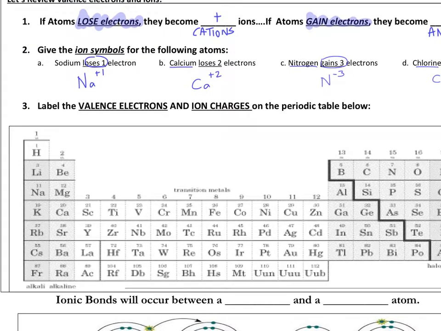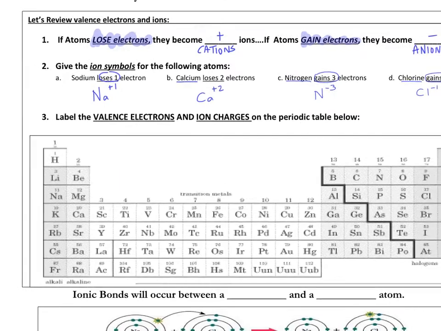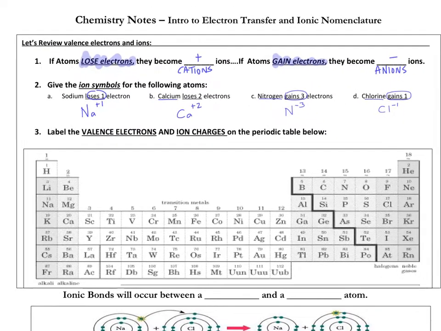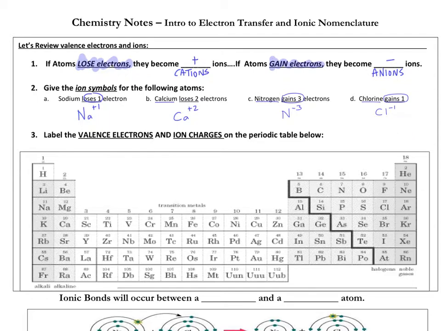So down below, you're asked to label the charges and the valence electrons for the periodic table. So let's take a look at it. Group 1 elements all have 1 valence electron, so they will have a +1 charge when they lose that electron. We'll start with the valence electrons too.